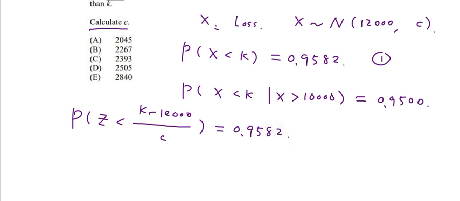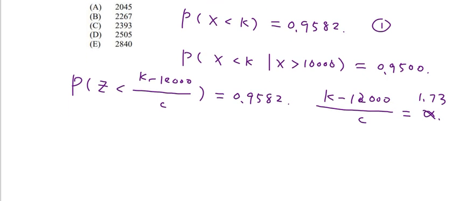Check the normal table, we can find this number: k minus 12,000 over c equals this number. So we need to check the table, and we find it equals 1.73. From the table we get this number.